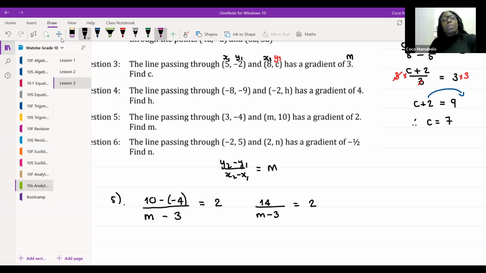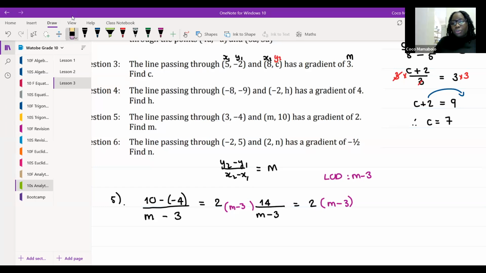Okay, and when we get to this point, we realize that the thing that's a problem is in the denominator. So we can do one of two things. We can either look for an LCD. Or we can multiply by m minus 3 on both sides. If we look for an LCD, our LCD would still be m minus 3. It wouldn't change anything. Or what I can do is I can multiply by m minus 3 on this side and multiply by m minus 3 on this side.